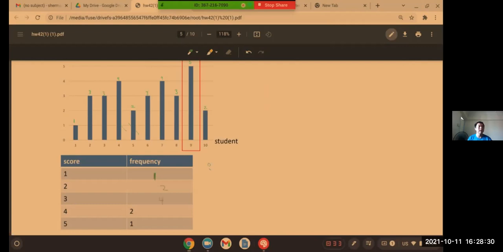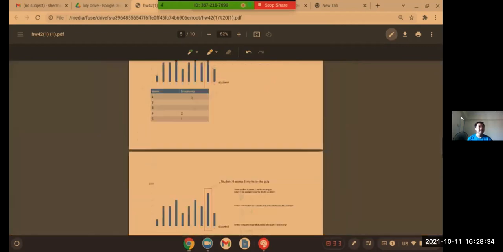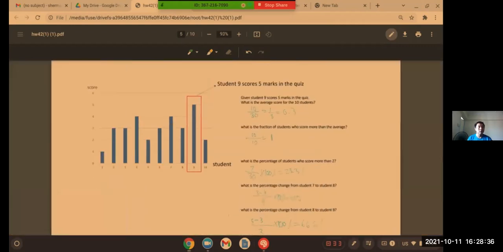So with the table done, can you do the average score? Have you done the average score also? I did the average score. I think your answer is wrong because, okay, what's the formula for average? I think you need to redo this question.